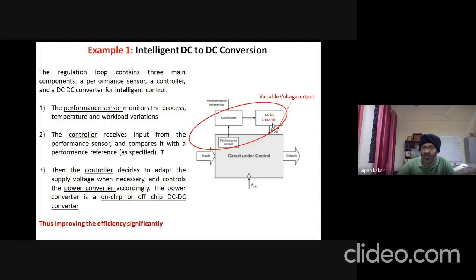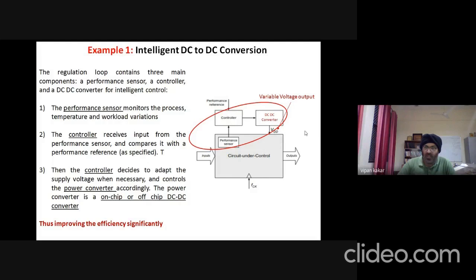And then the DC to DC converter will update the scaling, increase the voltage as per the requirement and send it to the circuits, which are actually running at full load conditions. Similarly, for low values of voltage, the same loop will work.